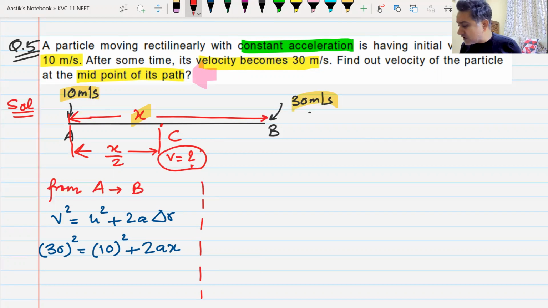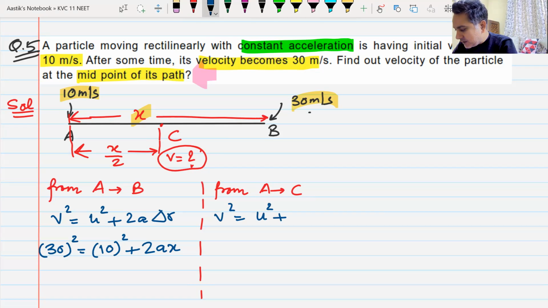Now, what is the next equation that I should make, and from where to where? It is very simple: the next equation has to be made from A to C. Yes or no? From A to C is the next equation that I am going to make. V square is equal to u square plus 2 times a into displacement. The final velocity is the velocity at C. C is the final point.